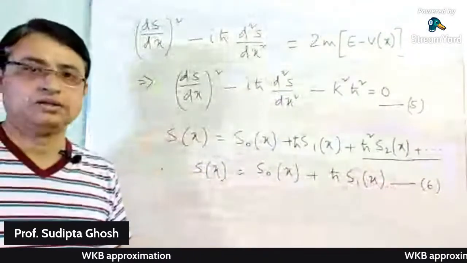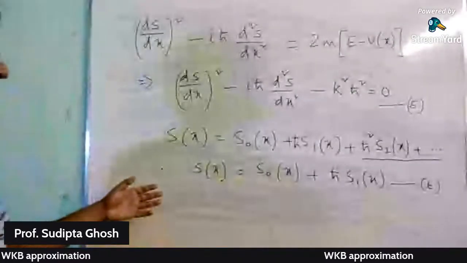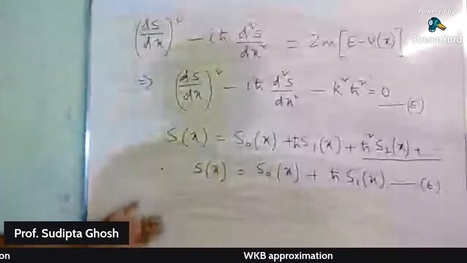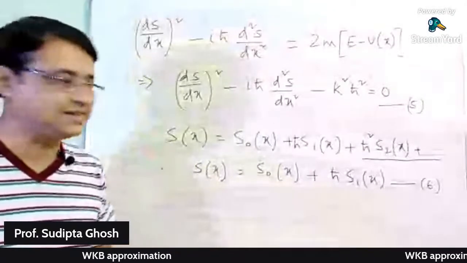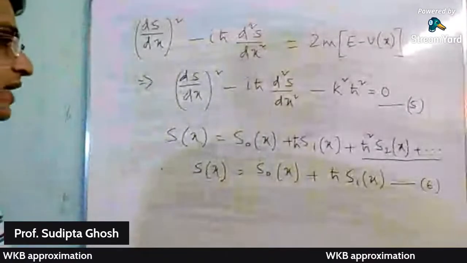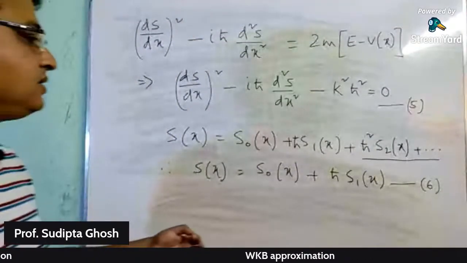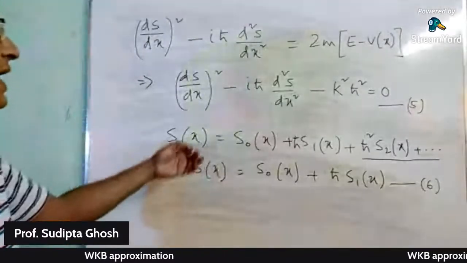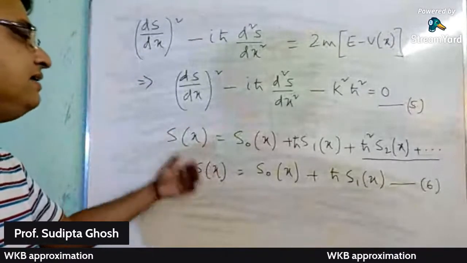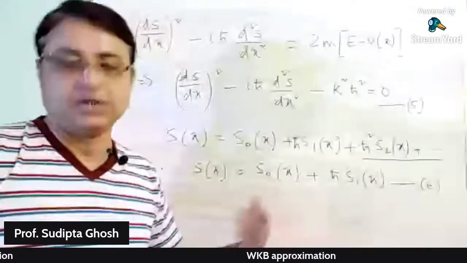So far I am getting equation 6, the functional value of s(x) as s0(x) + ħ s1(x). Now we have to find ds/dx and then d²s/dx² again.